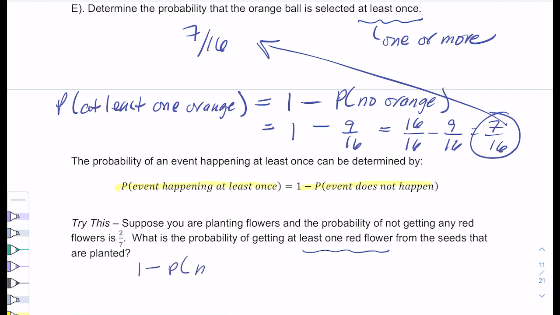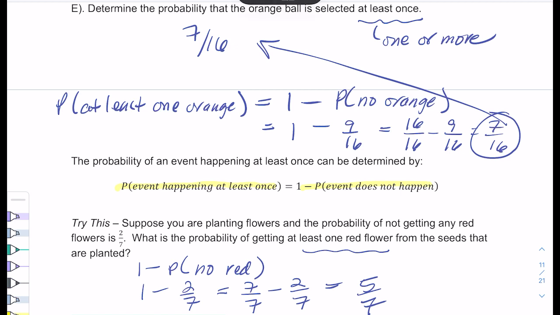So the probability of you not getting any red flowers is 2/7. So it's just 1 minus 2/7, which is 7/7 minus 2/7. And that leaves us with 5/7. So the probability that at least one of those flowers will be red is 5/7.